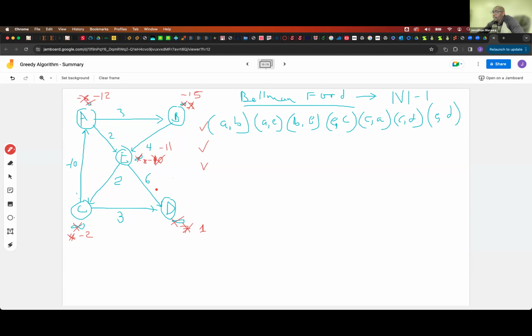Okay. E to C is now minus 11 and 2, which is minus 9. So this guy becomes minus 9. And then C to A is minus 10, minus 9 is minus 19 now. And then C to D is 3 and minus 9. So this is minus 6 now. And then E to D is minus 11 plus 6. That's minus 5. So this will stay as minus 6.